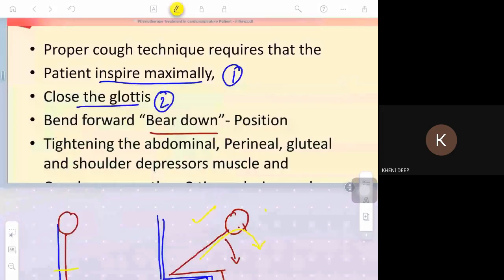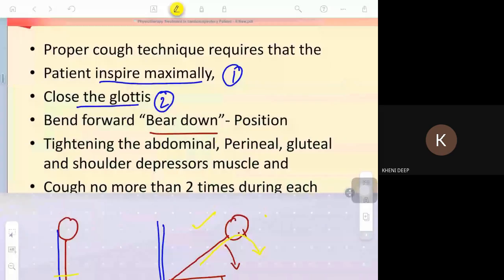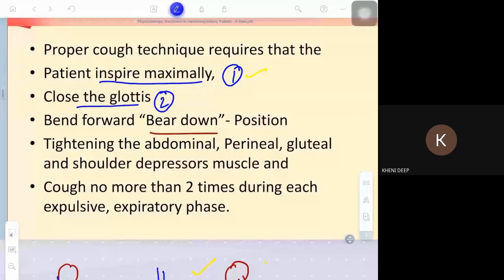Clear? So what is the first step? First step is inspire maximally. Second step is close the glottis. Third is bend forward. Fourth is the patient has to tighten the abdominal muscles, perineal muscles, gluteal muscles, and shoulder depressor muscles.